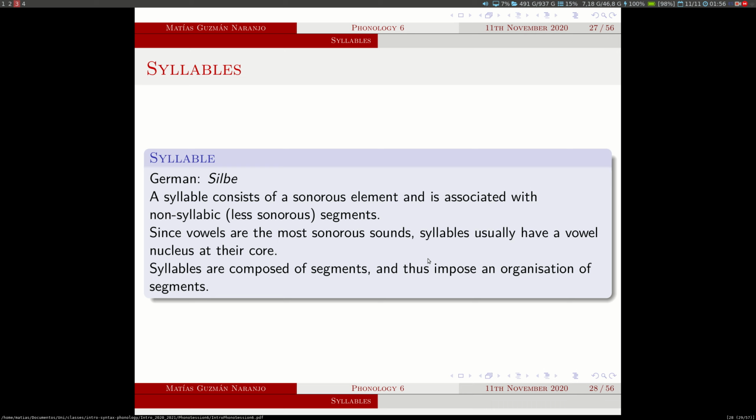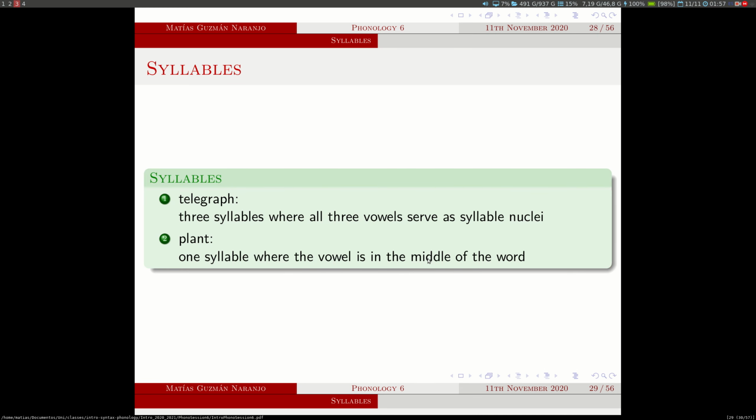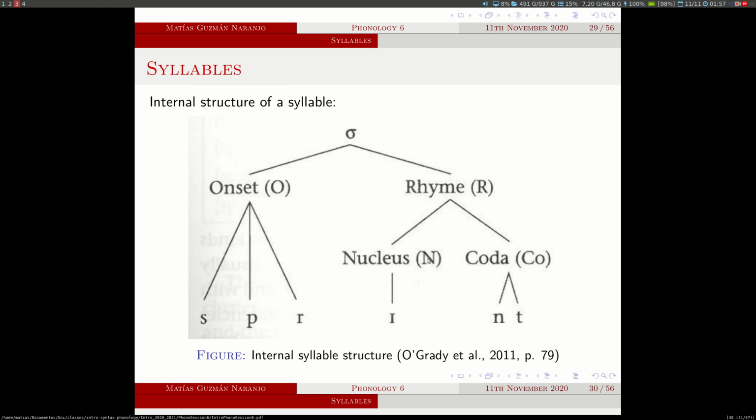And syllables are composed of segments, and they organize those segments. Some examples. I assume you are all familiar with syllabification. So telegraph has 3 syllables, plant has 1 syllable with one vowel in the middle.